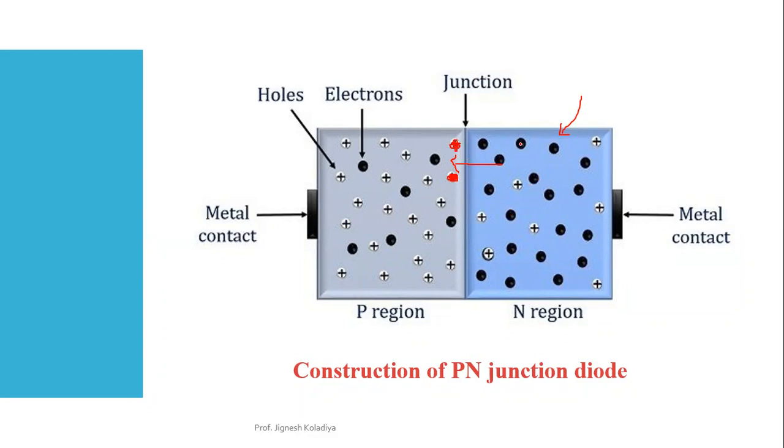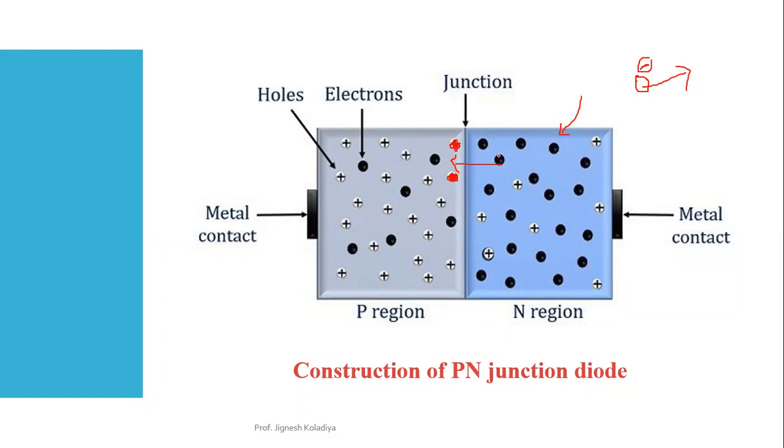So now tell me one thing, if this electron is moving, everyone agrees that the electron is carrying negative charge with it. So if it is moving from one place to another, definitely this negative charge is also moving.